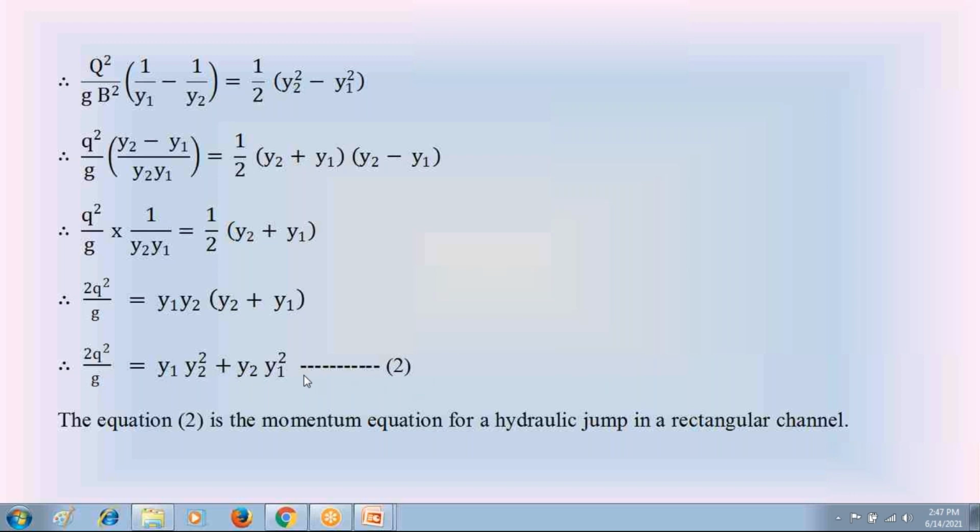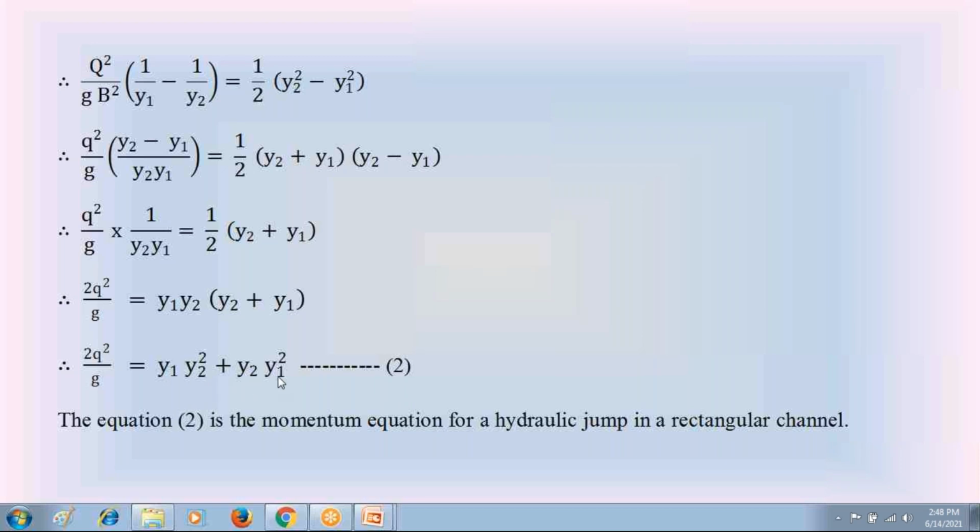So this equation 2 is the quadratic equation in terms of depth y1 because we have y1 square. It is also the quadratic equation in terms of depth y2 because we have y2 square. So you can consider equation 2 as either quadratic equation in depth y1 or the quadratic equation depth y2.